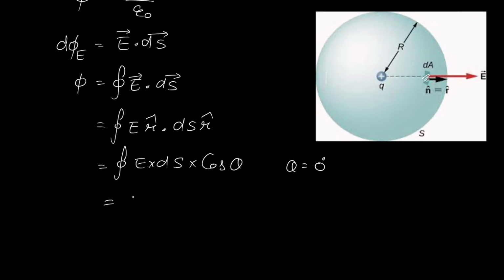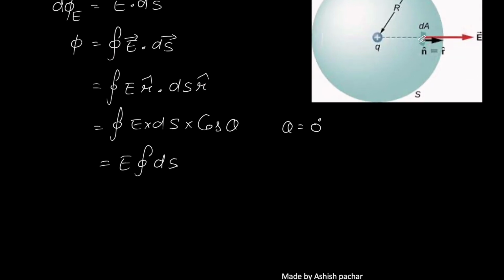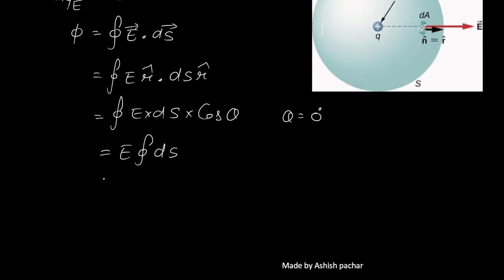So it becomes E times the integration of ds. The surface area of the sphere is 4 pi r square, and this is equal to phi.